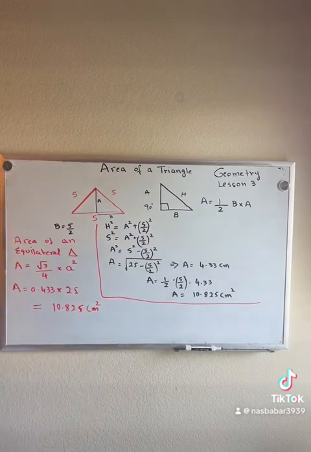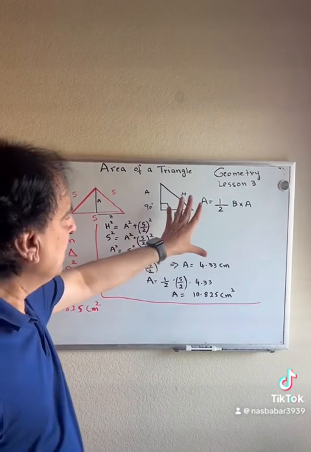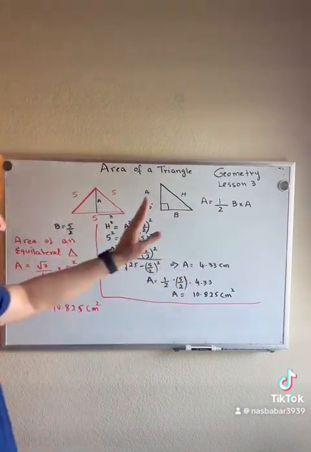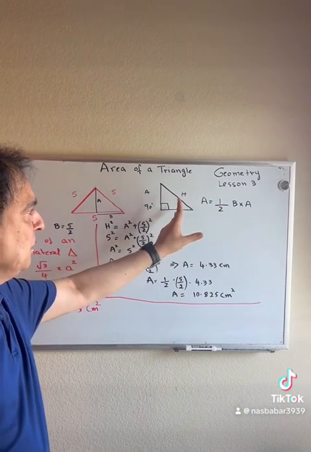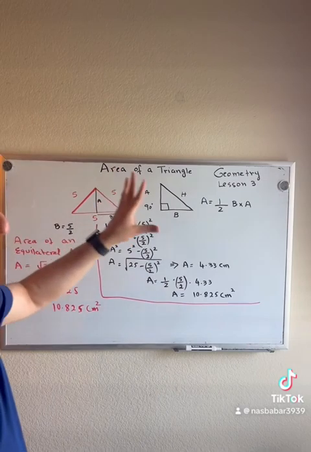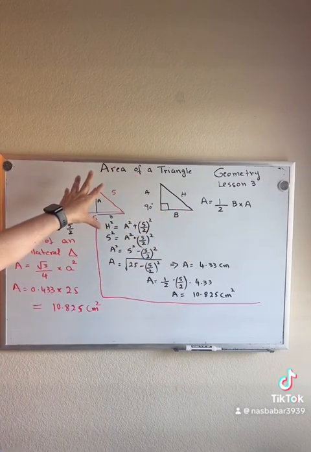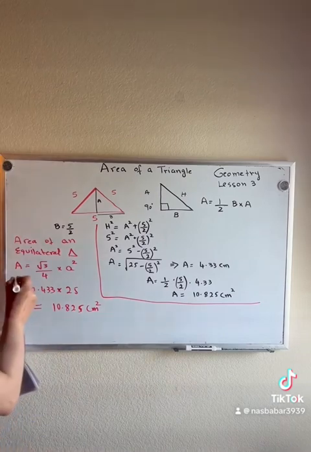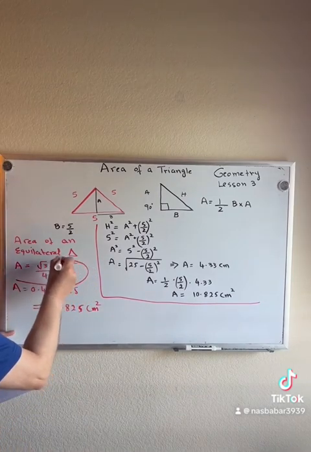Wow. I did this maybe in a minute, but it took me about 5 minutes the other way. So if it's a right-hand triangle, perfect, no problem at all. But if it's a triangle which is not right-hand, say for example an equilateral triangle, then just use this formula right here. Much quicker.